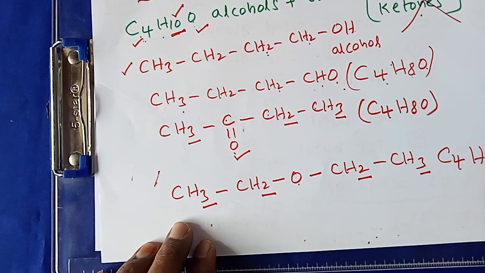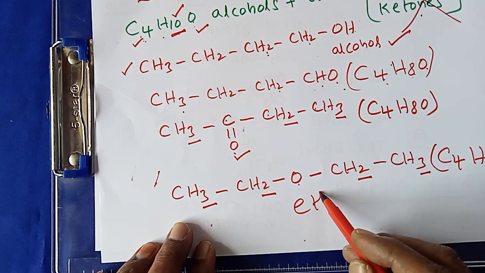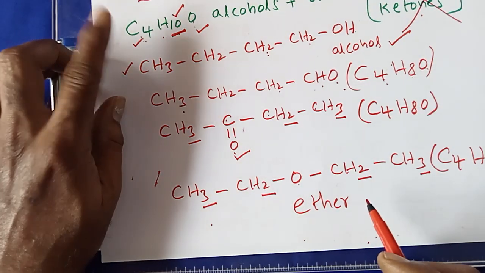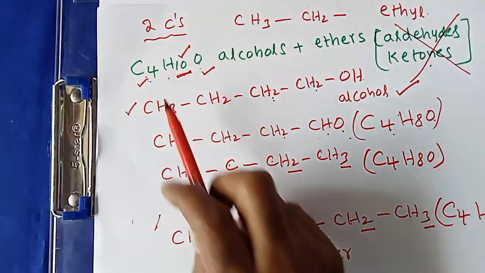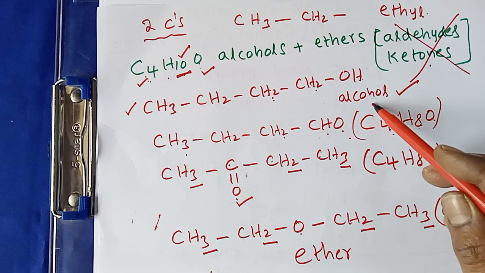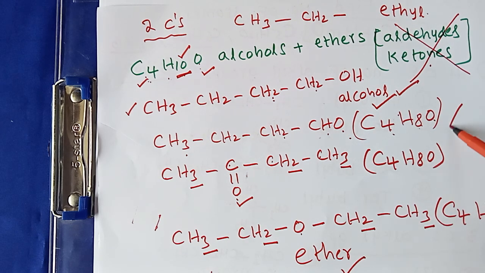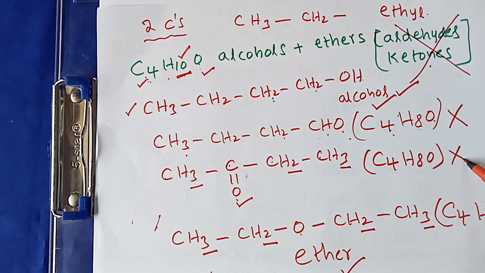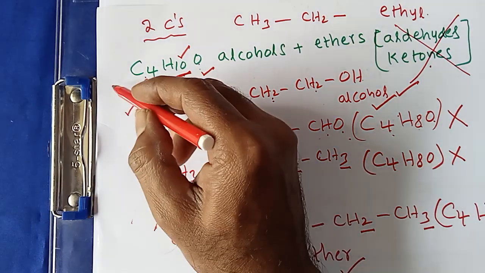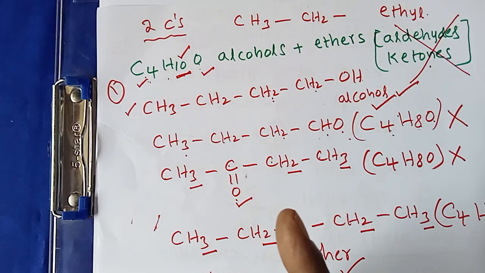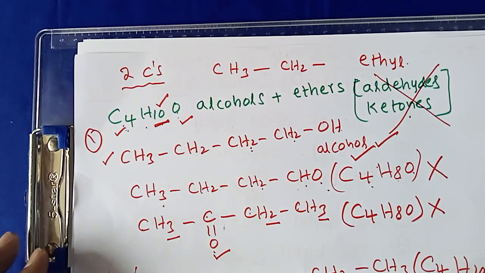So C4H10O: alcohol satisfied, ether satisfied. That's why for this formula C4H10O, alcohols possible and ethers possible. Aldehyde not possible, ketone not possible. This is the first point. First point completed. Okay, then we move to the second point, number of isomers.